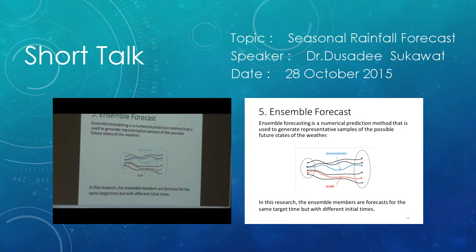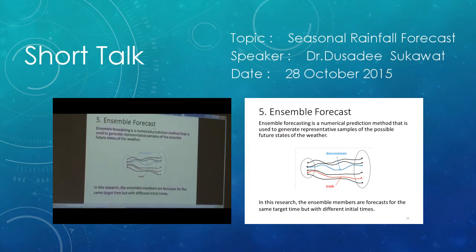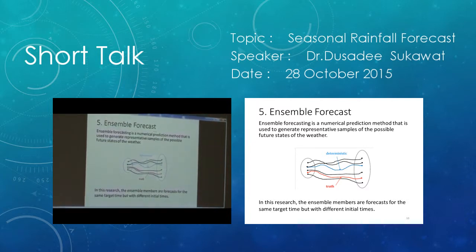Imagine that one forecast for 1 day takes about 30 minutes in Thailand. So if you do the forecast for 9 months, that's just one initial condition, but they use 50 initial conditions. Imagine how fast the computer has to be and how big the memory has to be. So it's beyond our economy to buy that kind of computer.